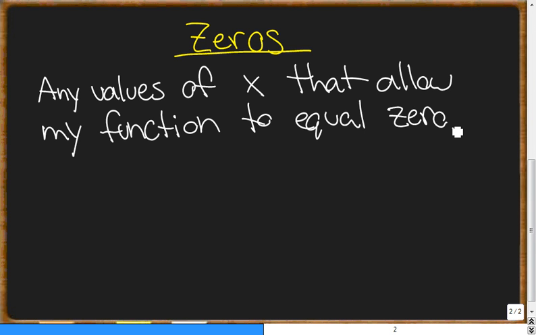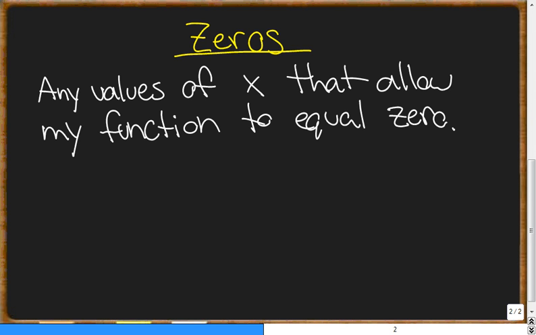Now, a 0 is not the same thing as an intercept. An intercept has to be real, whereas a 0 could be imaginary or real. It could be both. It's just any value that makes my function value equal to 0.